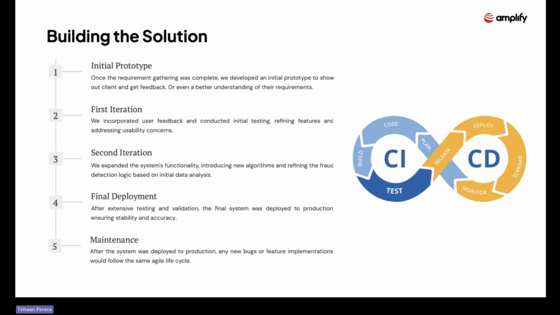So we deploy our system using a CI/CD pipeline. Once the production deployment is done, the next step is to either implement new features using the same cycle that we used earlier, or attend any bug fixes that may arise during production.